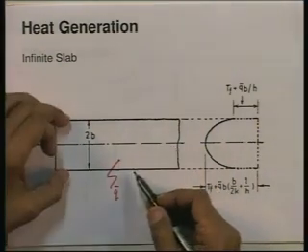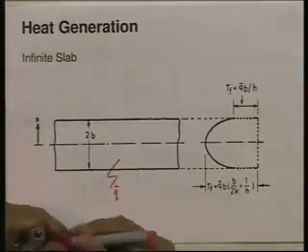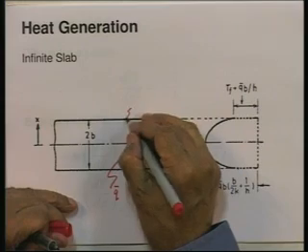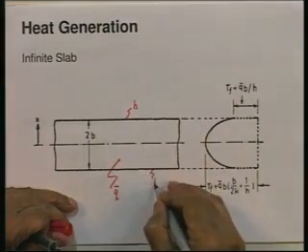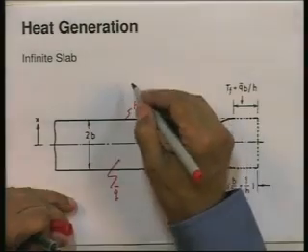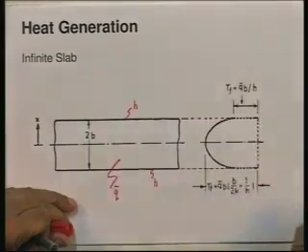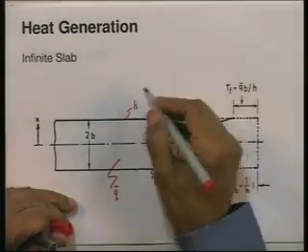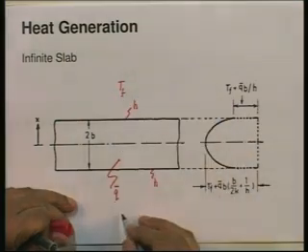At both these faces we specify that there is a heat transfer coefficient h and that the fluid outside, to which heat is being lost, is at a temperature T f.